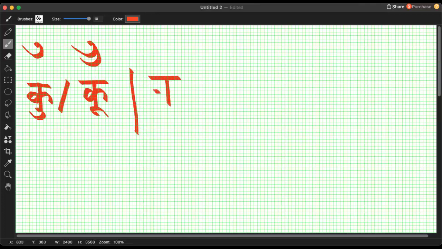From the middle, you draw a straight line and then gently bring it down here. And you add a U matra here. This is Ku. And this is Ku.